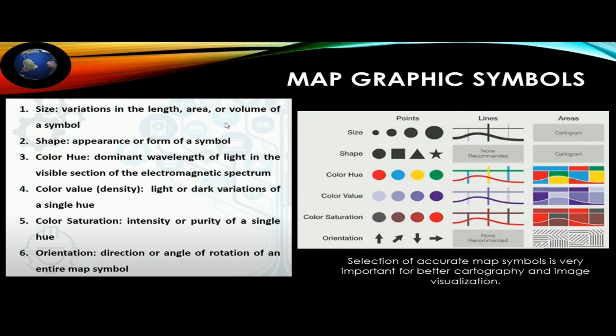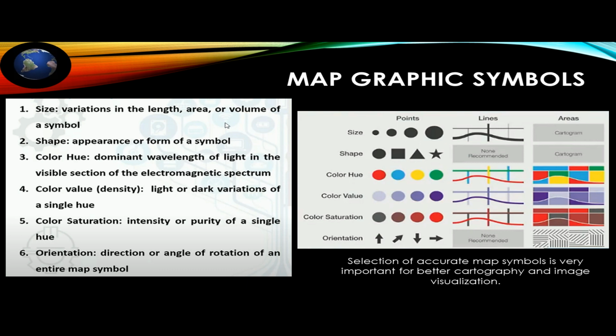Purity means, like if you demarcate any nala or any contaminated water area or salt water area, you will demarcate with a dark color. Like you have seen a nala, such kind of contaminated area will be brown color or black color water body. So that shows the purity. If it is pure, it should be a brighter color, or if it is not pure, it should be darker in color. So intensity or purity of the single hue.